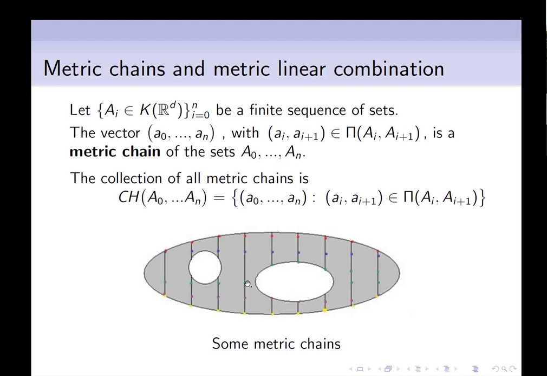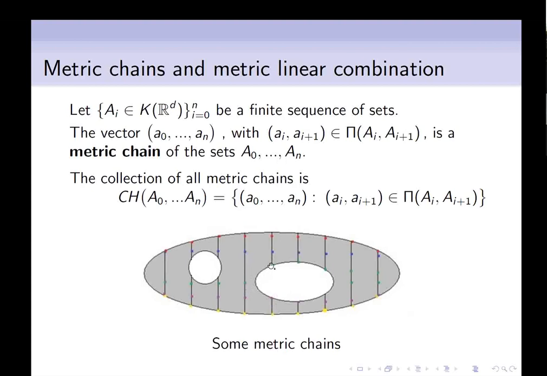So if we consider these two elements from these two sets, they are closest to each other. Actually, they are the same element. And again here, we see the same. For this element from this set, the closest element is this one. Another option is this element, but let's say I picked this one.